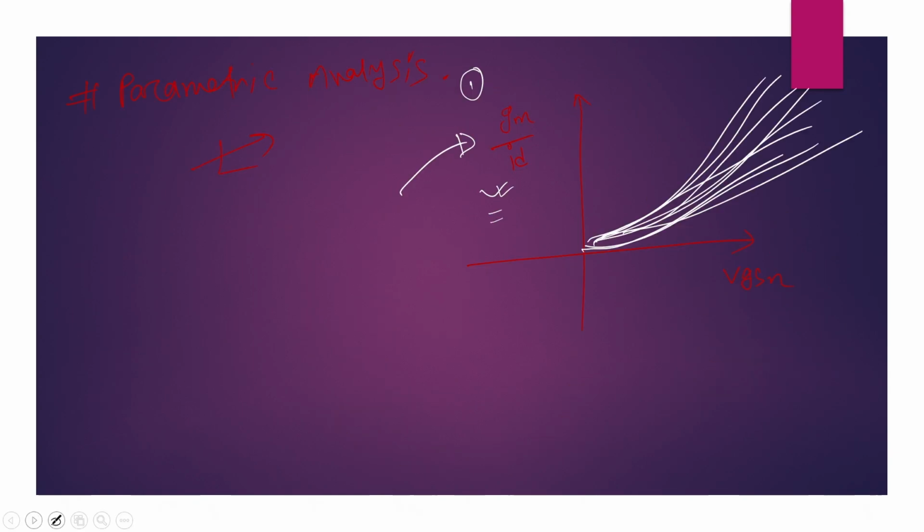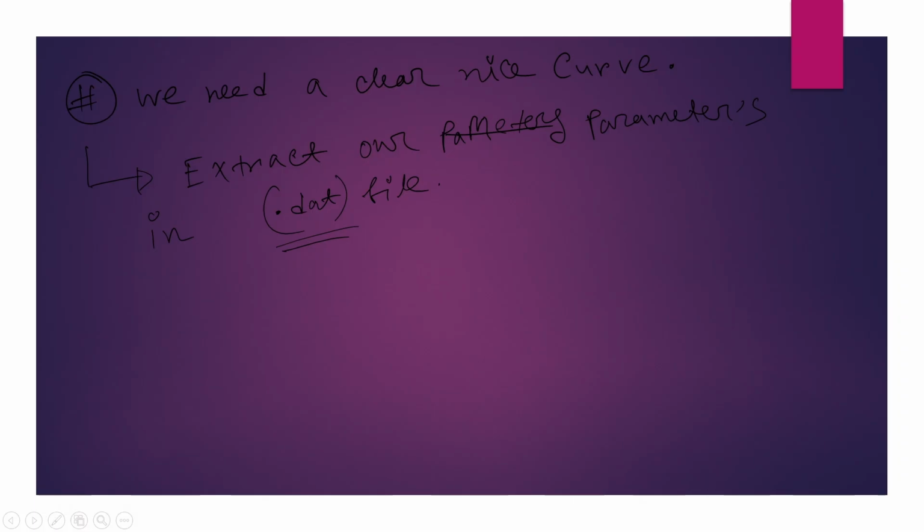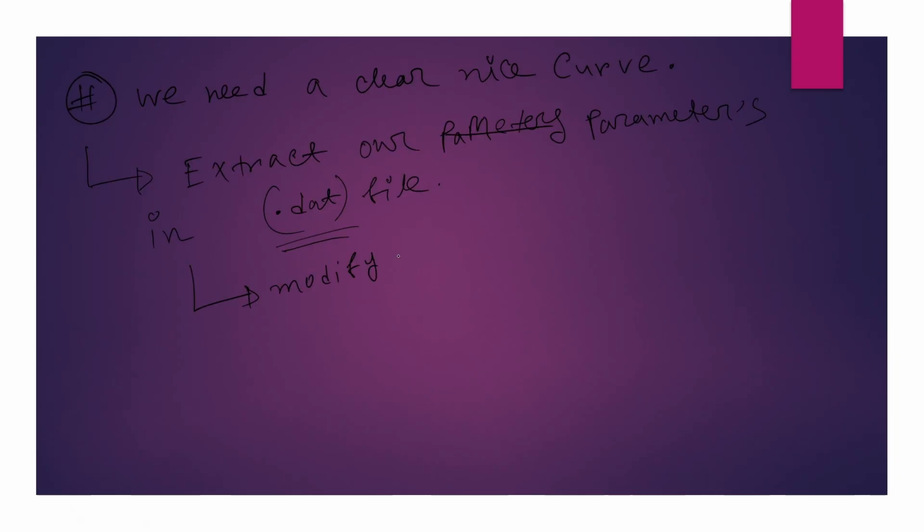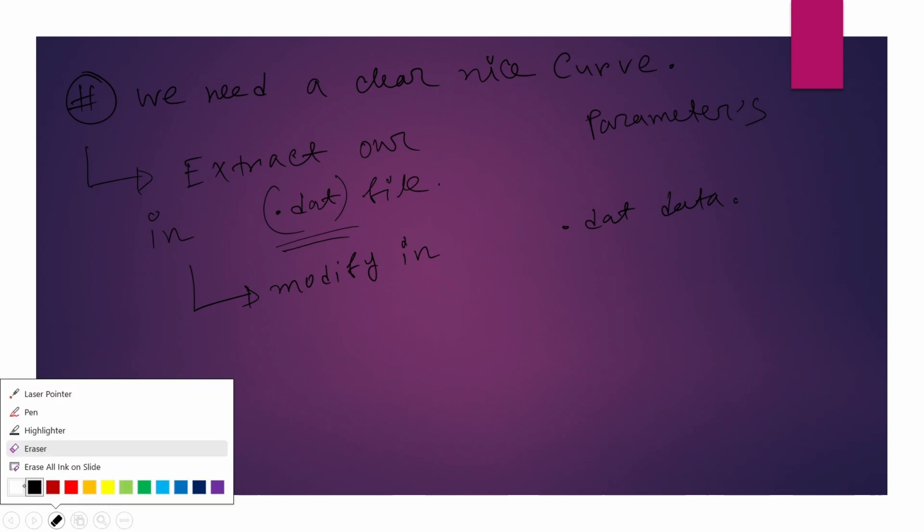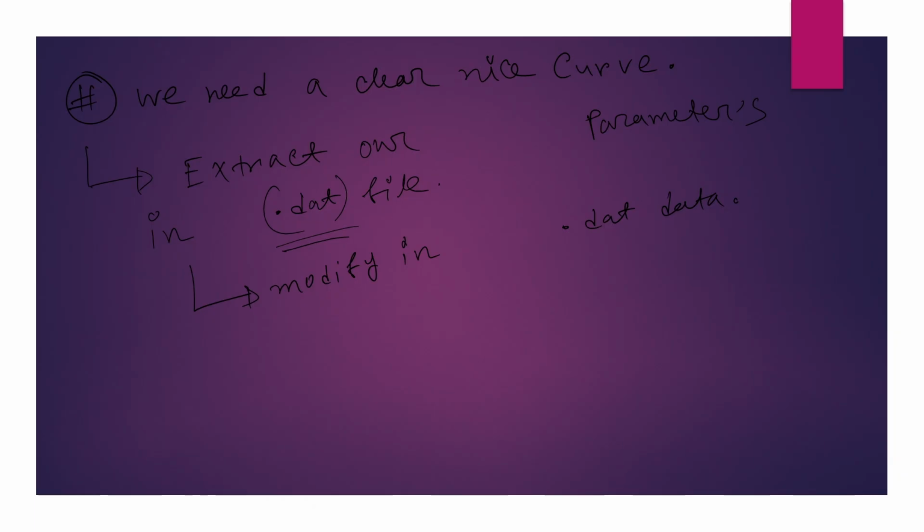All right, so we will create .dat file, and after that we will modify a little bit in the .dat data. Whenever you generate the .dat data, you can easily plot those data.